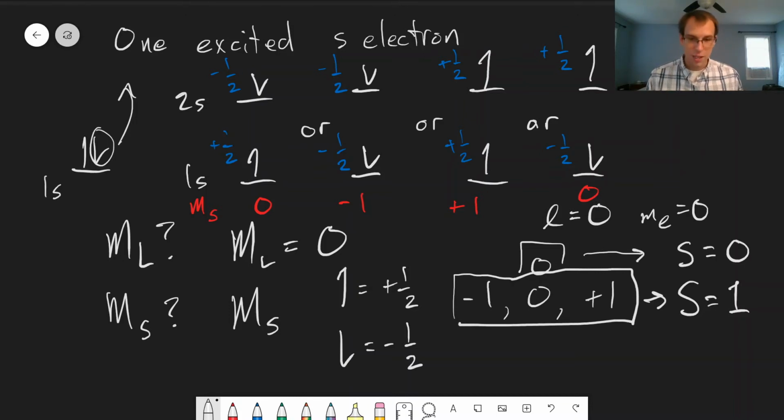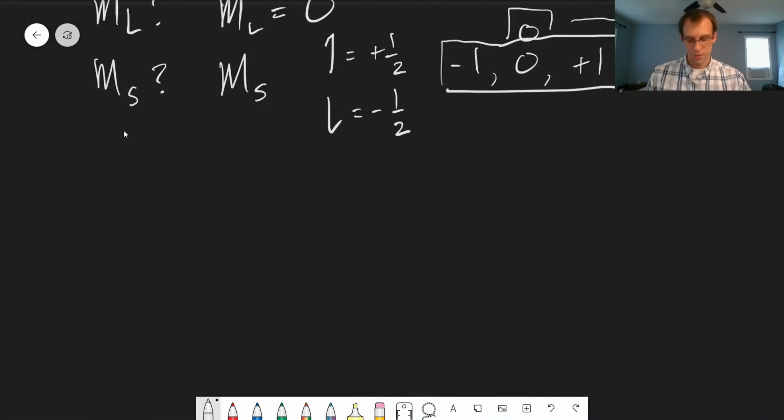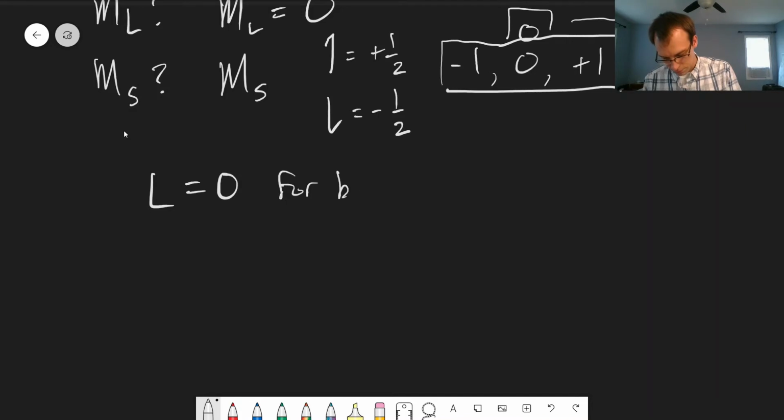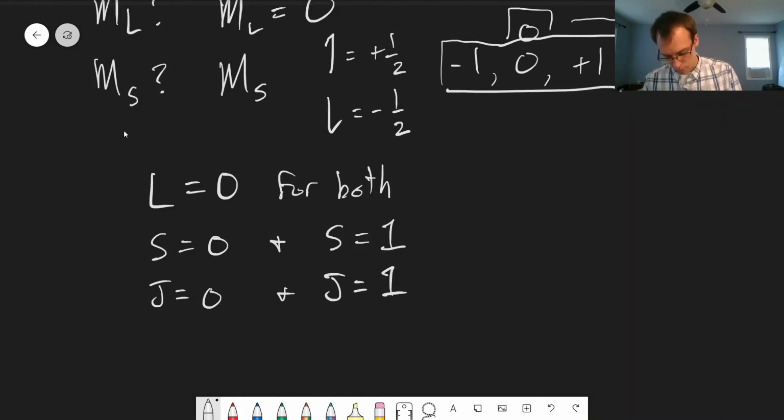So we actually end up with two terms here. Our capital L value is the same for both, capital L equals 0. But we have one term where capital S equals 0 and one term where capital S equals 1. So that means we have one term where capital J is equal to 0, and one term where capital J is equal to 1.